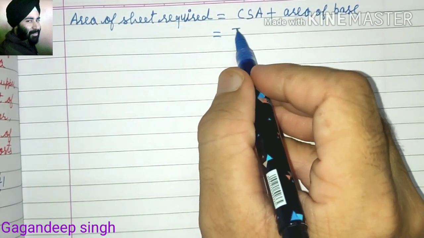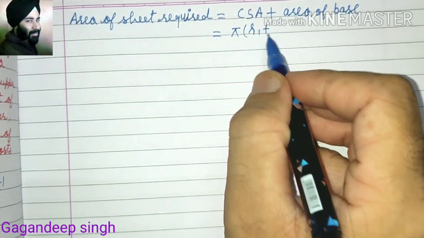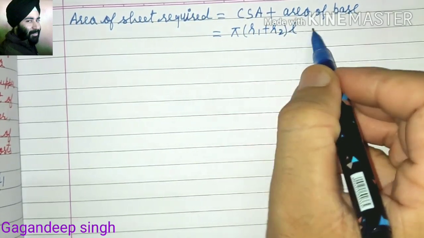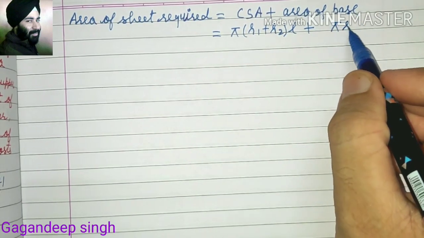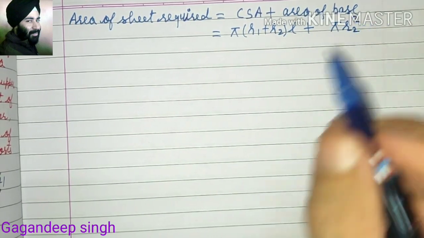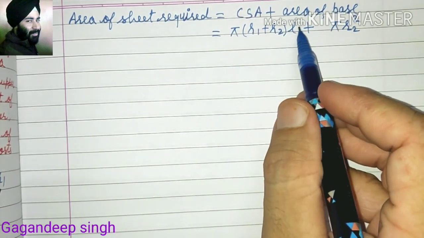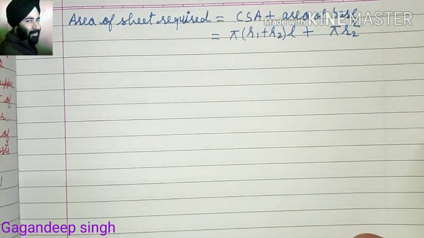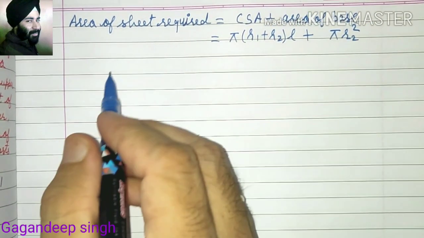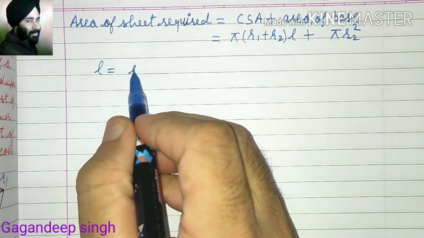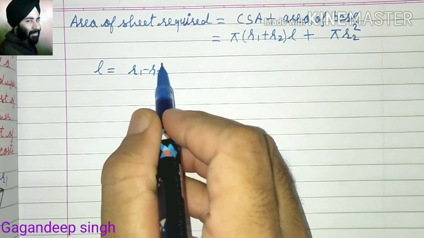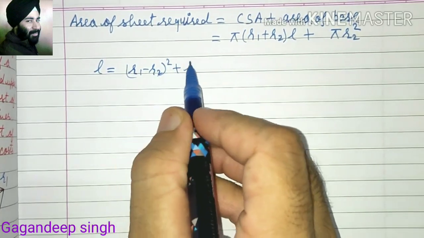Formula for CSA is pi r1 plus r2 into L, and base is circle, so area is pi r square. Slant height is not given in the question, so first thing is to find slant height. Slant height is under the square root r1 minus r2 square plus h square.